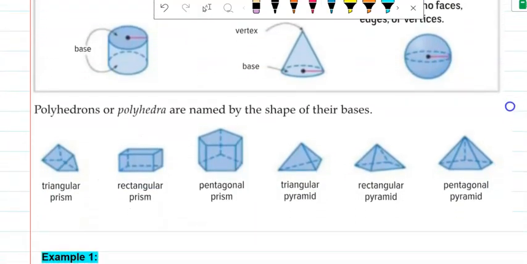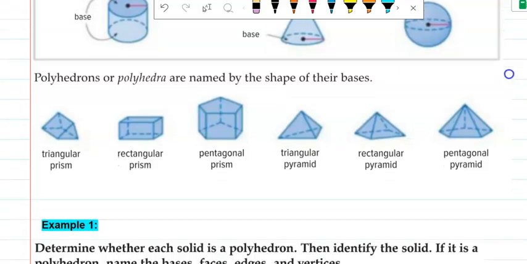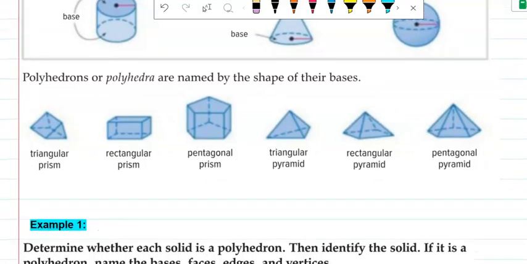Okay, so here's some more examples. Hopefully you can see the difference between the prism and the pyramid. All of these prisms have some sort of base. So for the triangular prism, the base would be this triangle here. A rectangular prism has a rectangular base. So they're all rectangles. That's easy. And then we already kind of talked about the pentagonal prism.